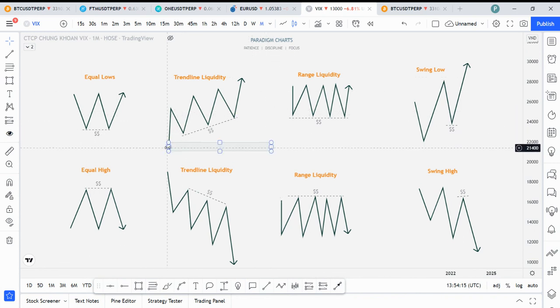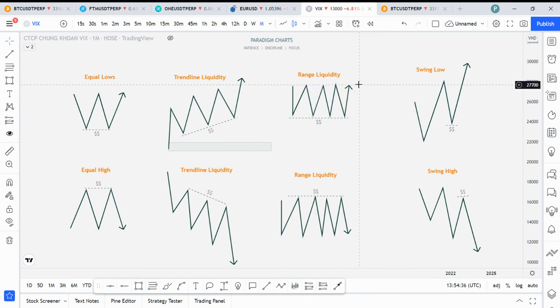So demand zones and supply zones where there is liquidity before them are high value zones, and they are more likely going to hold. And range: when you have a range and price breaks out of that range, if price should come back into the range, it will most likely cause a reversal.